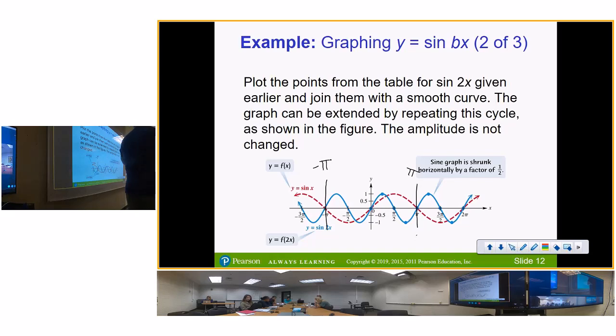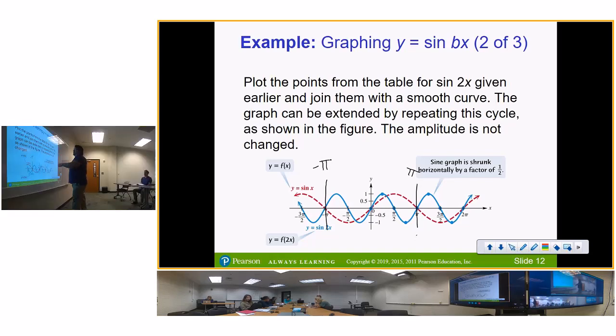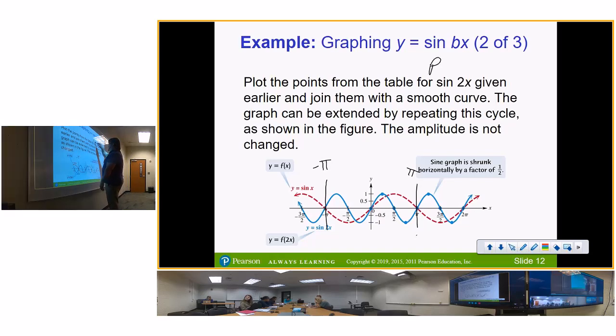So when you're thinking of a period, you're thinking of one revolution to the right, one revolution to the left, and the period is always going to be equal to 2 pi over b, and that b is going to be in front of the x.